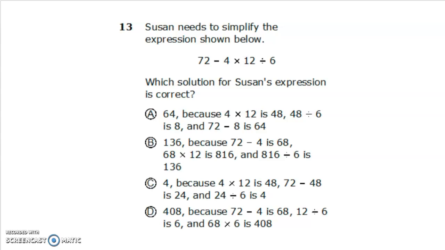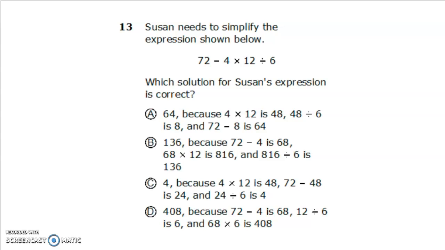B, 136, because 72 minus 4 is 68. 68 times 12 is 816, and 816 divided by 6 is 36.